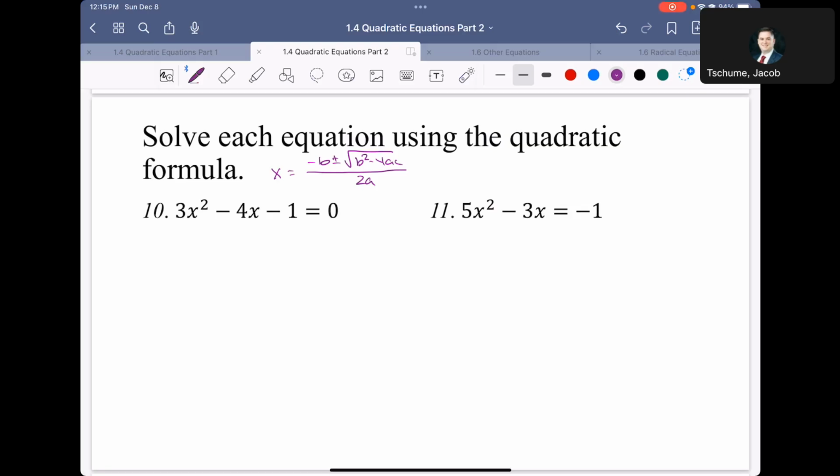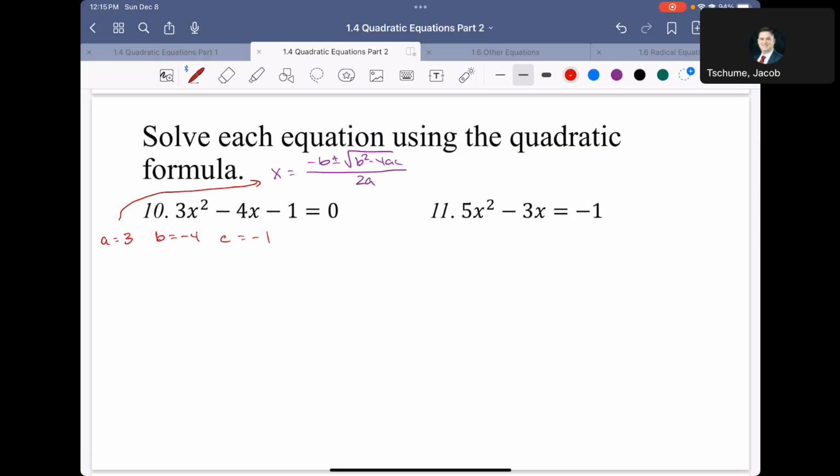The good news with this one, once again, is that you already have that equals 0 term on the right, so you can immediately label your A, B, and C. So for this problem, our A value would be 3, our B value would be -4, and our C value would be -1.